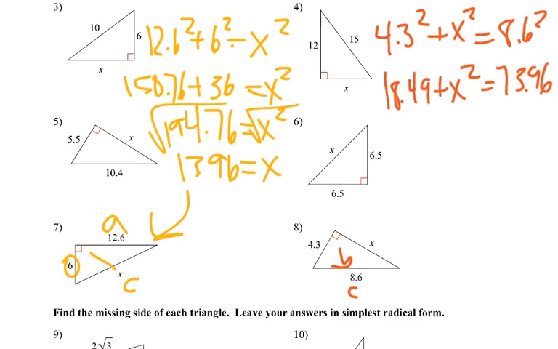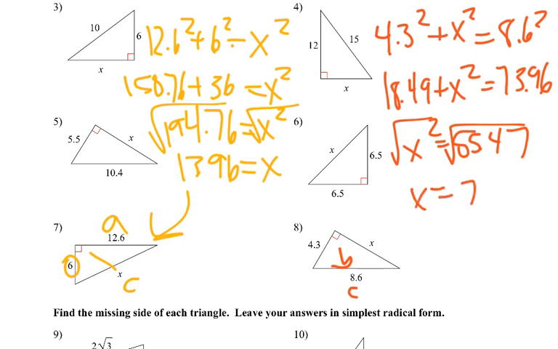So we go 73.96 minus 18.49. That gives us x squared equals 55.47. Take the square root of that, and we get about x equals 7.45. Alright?